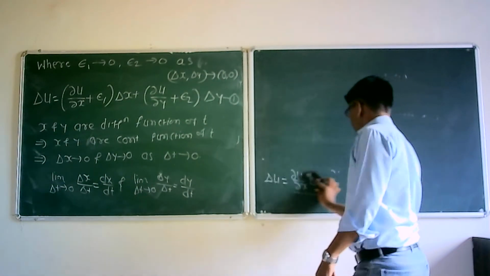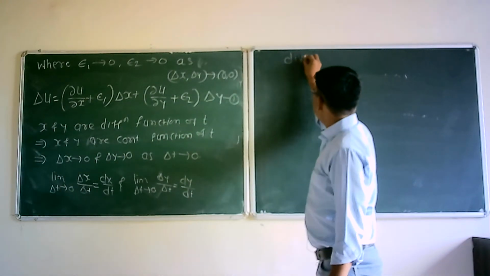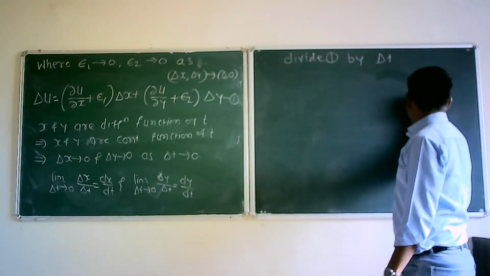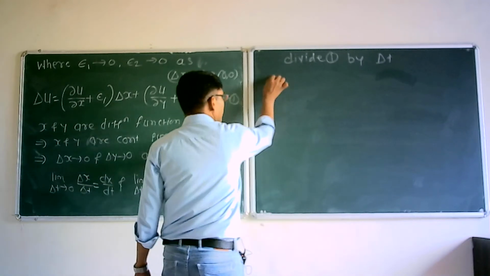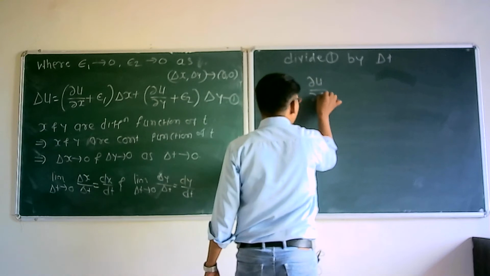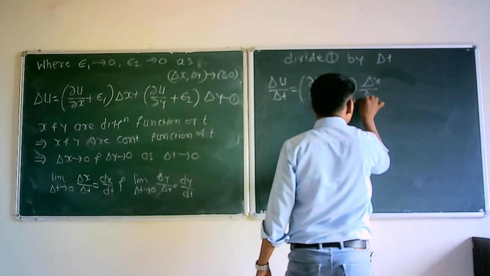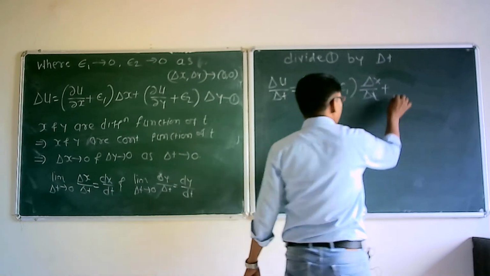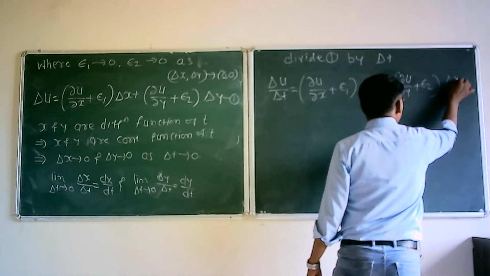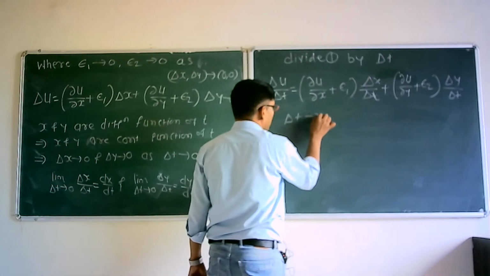Dividing equation 1 by delta t, we get delta u divided by delta t is equal to del u by del x plus epsilon 1 into delta x by delta t, plus del u by del y plus epsilon 2 into delta y by delta t. Now take the limit delta t tends to 0.